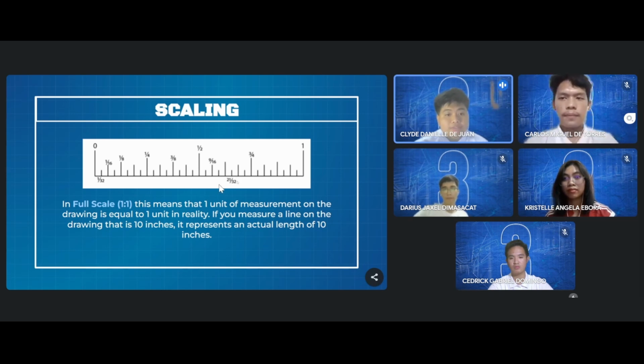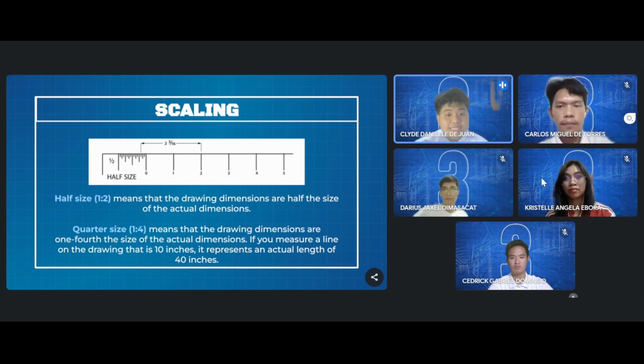Next is half size, which means that the drawing dimensions are half the size of the actual dimensions. It is denoted by 1:2 scale. And last is quarter size, which means that the drawing dimensions are 1/4 the size of the actual dimensions. It is denoted by 1:4 scale.